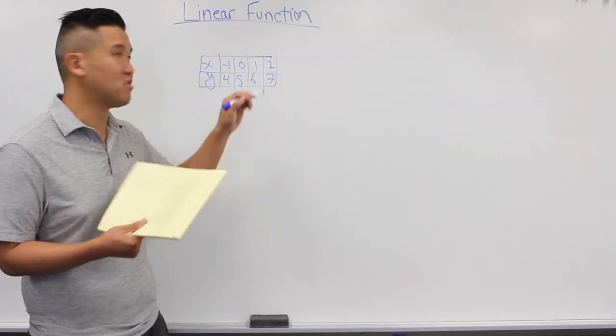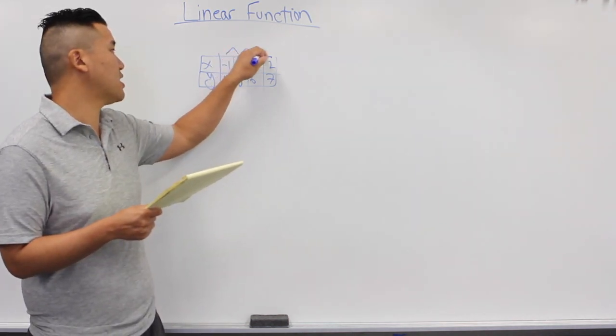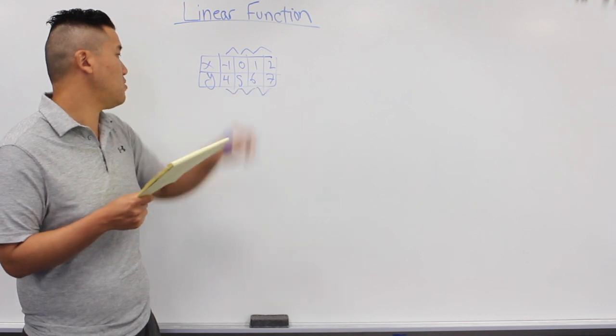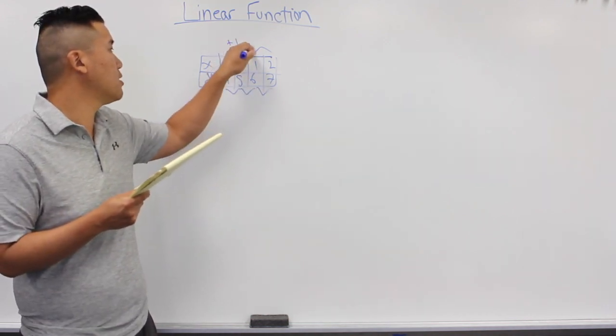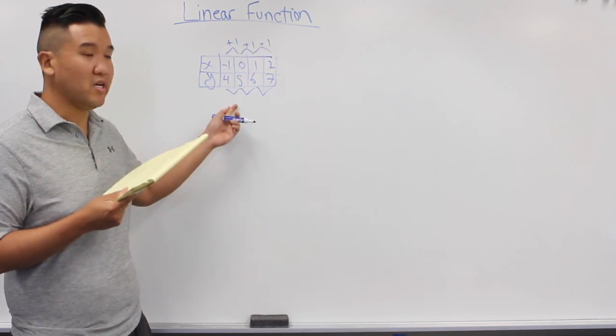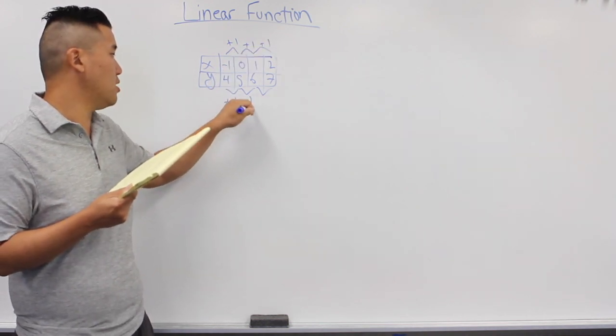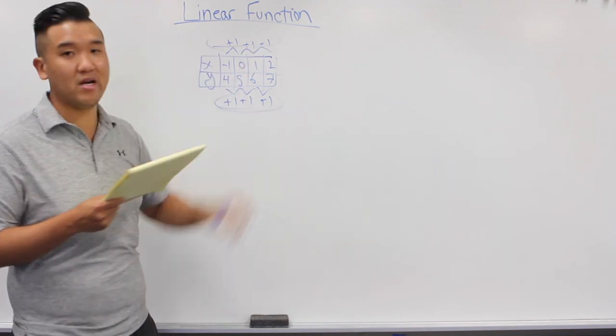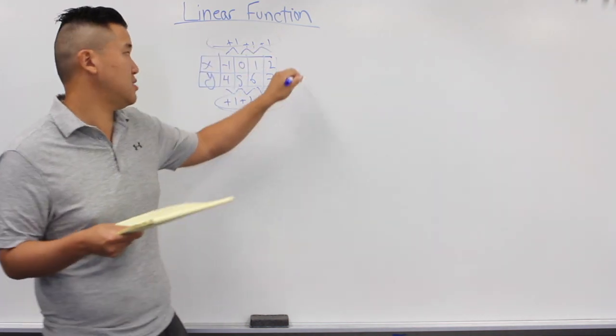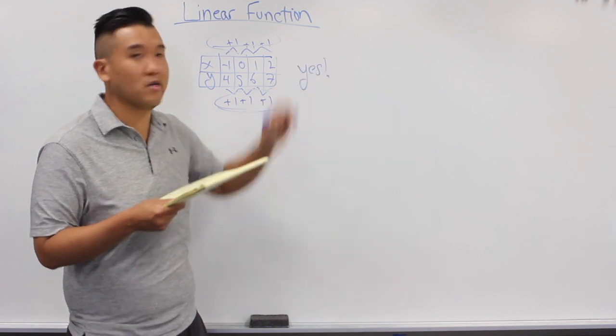The way you do that is figure out, is there a constant rate of change? Can we see if there's any patterns? Here, what are we going up by? We're going up by 1. Here, we're going up by 1 as well. Because there's a pattern there and a pattern there, yes, it is a linear function.